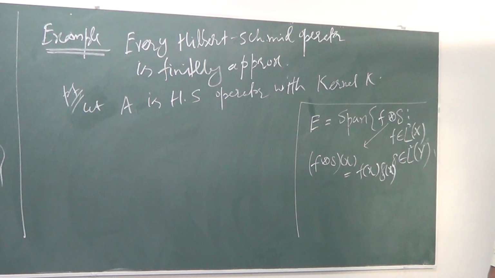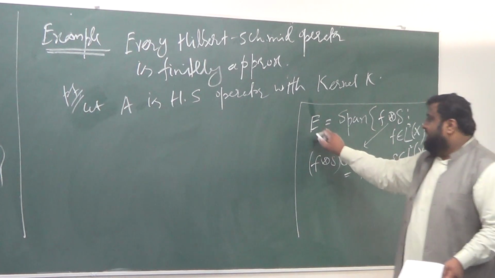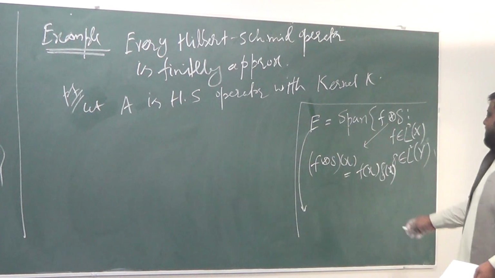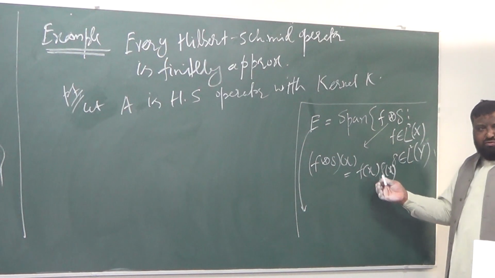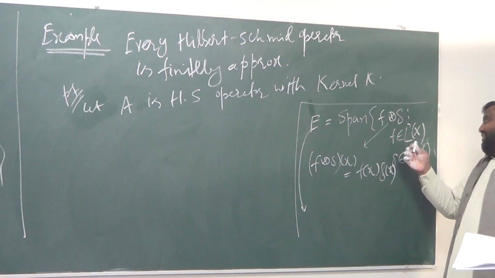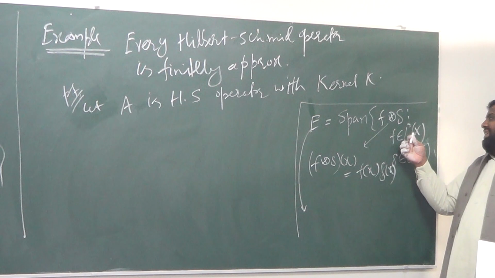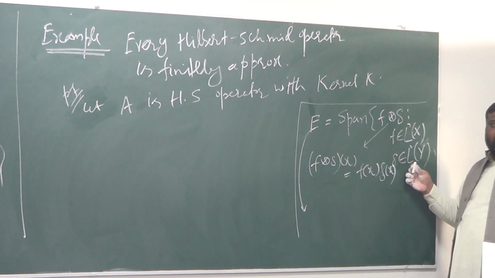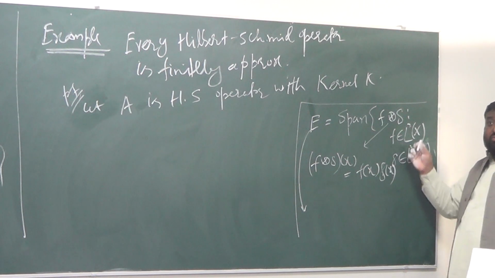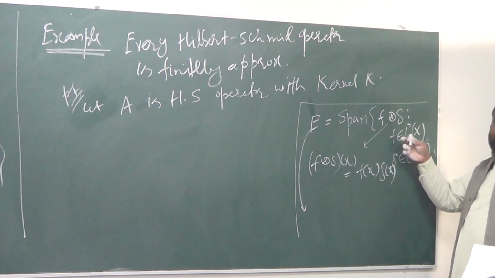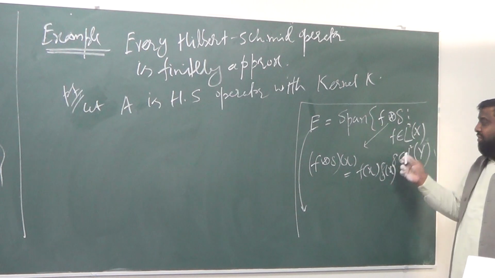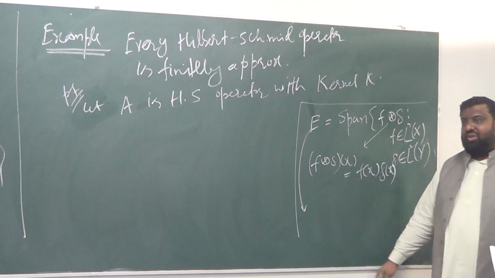It's just a simple product. What we can show is that this space E, which is the collection of simply products of functions from L2X and L2Y, they're not from the same space, they are from different spaces. Therefore, you are using this notion we call tensor product.